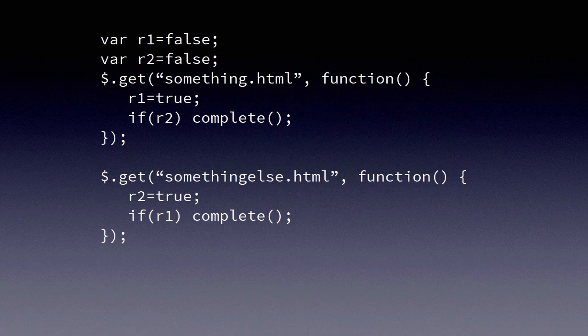And then in my first AJAX request, I say when you're done, I'm going to set my own flag to true, and then I'm going to check the other one. And if we're both true, we'll run the final function. The second one looks almost exactly like the first one, but this time I'm setting my own flag, R2, and checking R1. Now again, this is manageable with 2 of them, but as soon as we get more, it's just going to get to be a real pain in the rear.